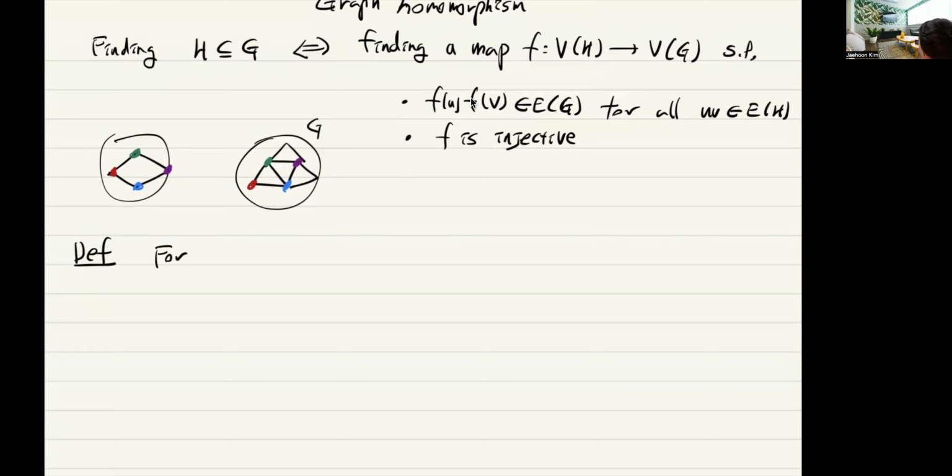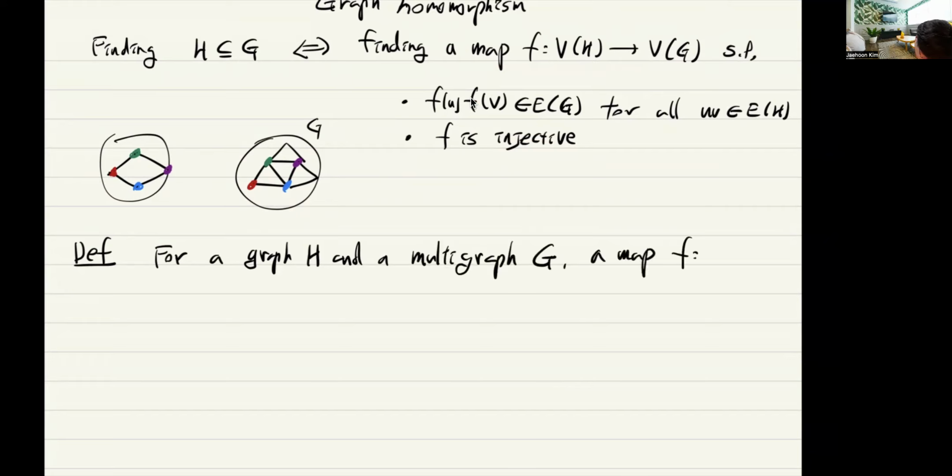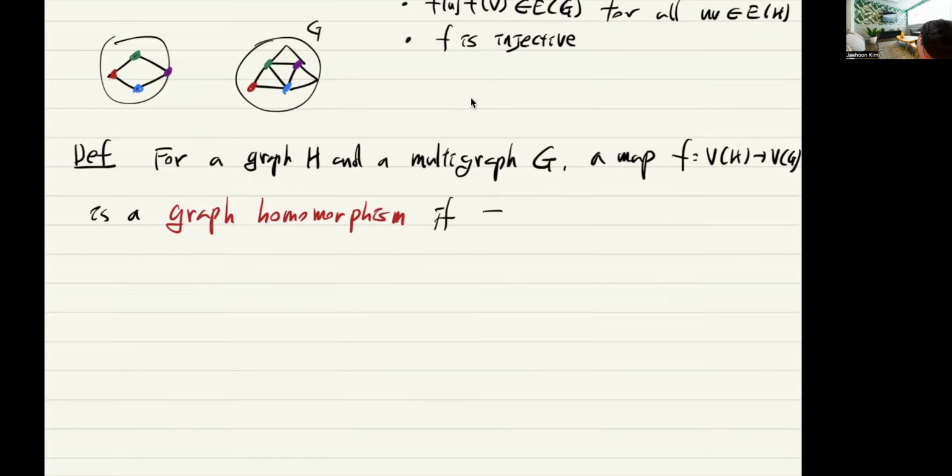So let's say for a graph H and a multigraph G, a map which maps the vertices of H to vertices of G is a graph homomorphism if, again, all the edges are mapped to edges.